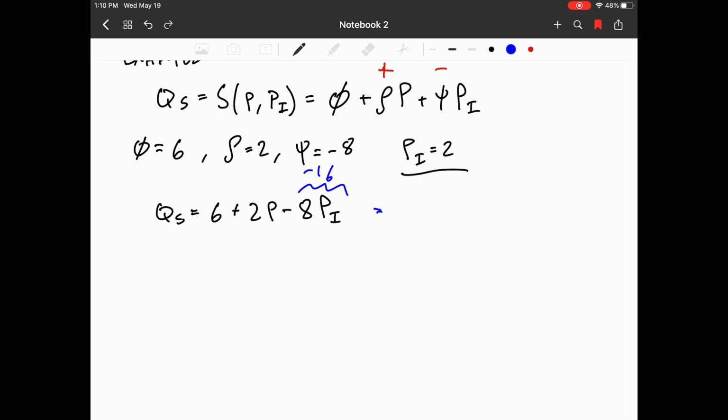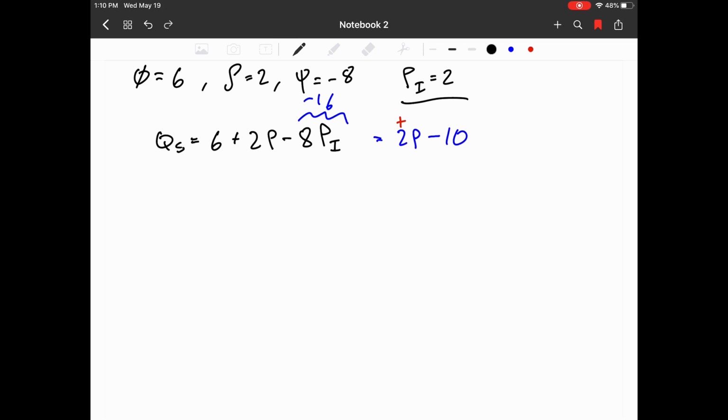So this gives us 2p minus 10. Okay. So this is our supply curve, and you can see the relationship between price and quantity is positive, which satisfies the law of demand. Excuse me, the law of supply.